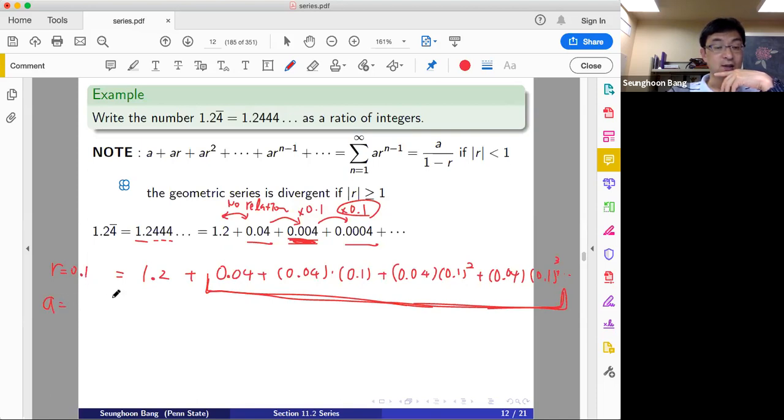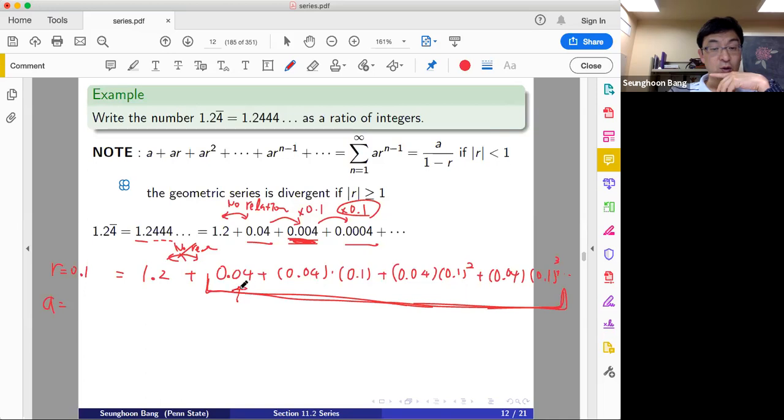What is A? So exclude 1.2. Is A 1.2? No, because we don't have any relation with this one. You have to exclude 1.2.